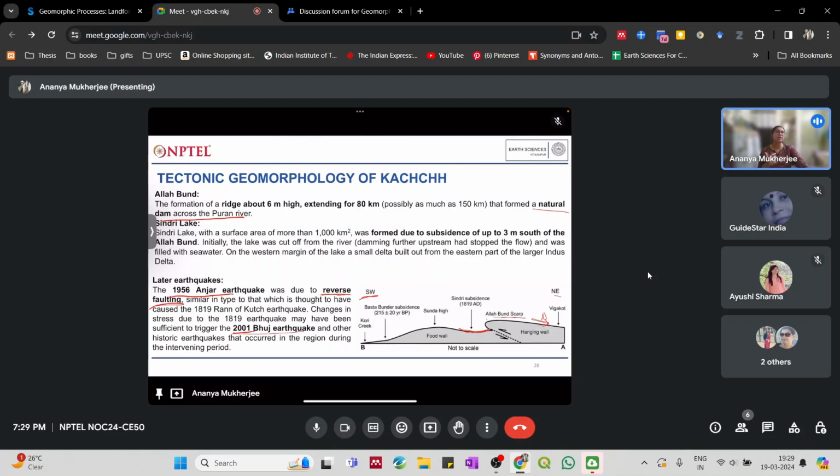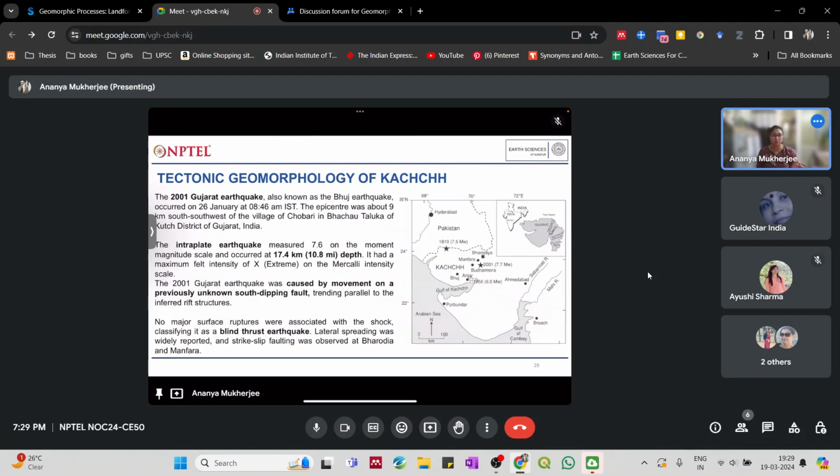So this raises the question: was even the 1819 Rann of Kutch earthquake an after effect of some other prehistoric earthquake that had occurred in this area?